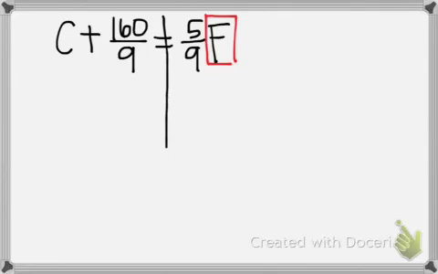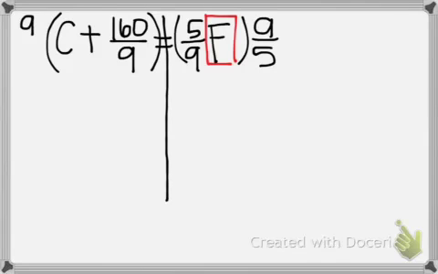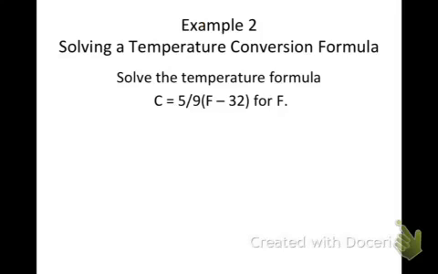We'll need to divide both sides by 5/9. Remember that dividing fractions is the same thing as multiplying by the reciprocal. So I'm going to multiply both sides by the reciprocal of 5/9, which is 9/5.